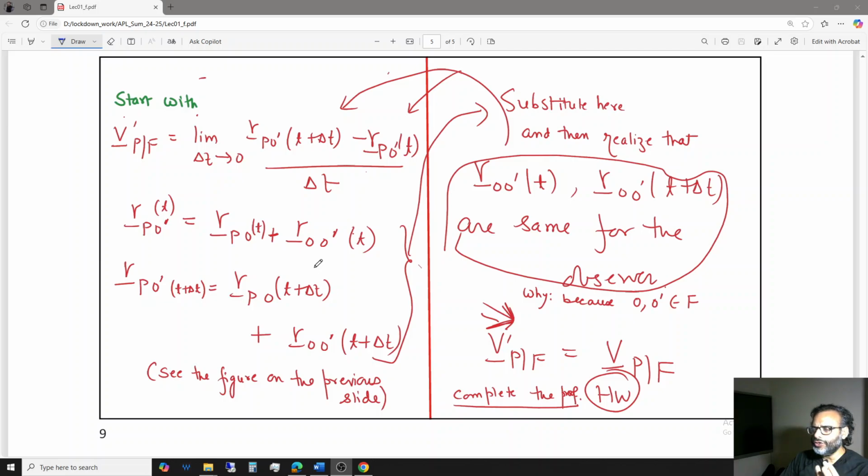Once you substitute, a few terms may cancel out, you can check that. And you will also realize that there is no difference between Roo prime at t and Roo prime at t plus delta t as far as the observer is concerned.